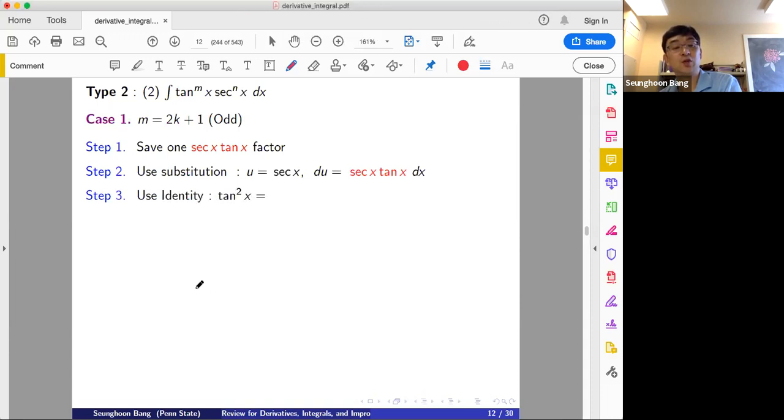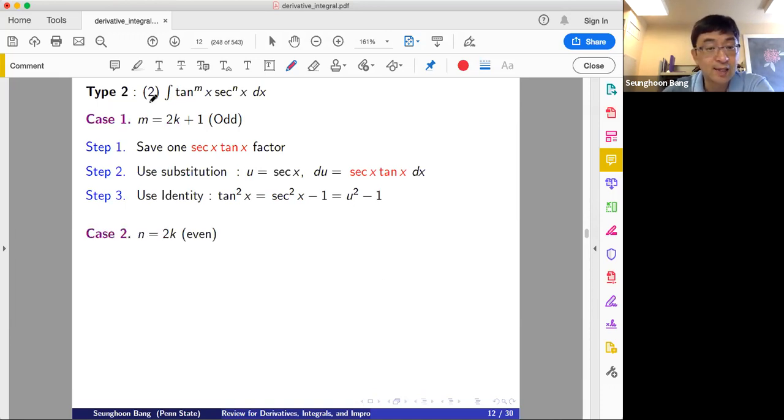Step 3, use the identity. Tangent square of x is secant square of x minus 1. You can plug this u into here, u square minus 1.